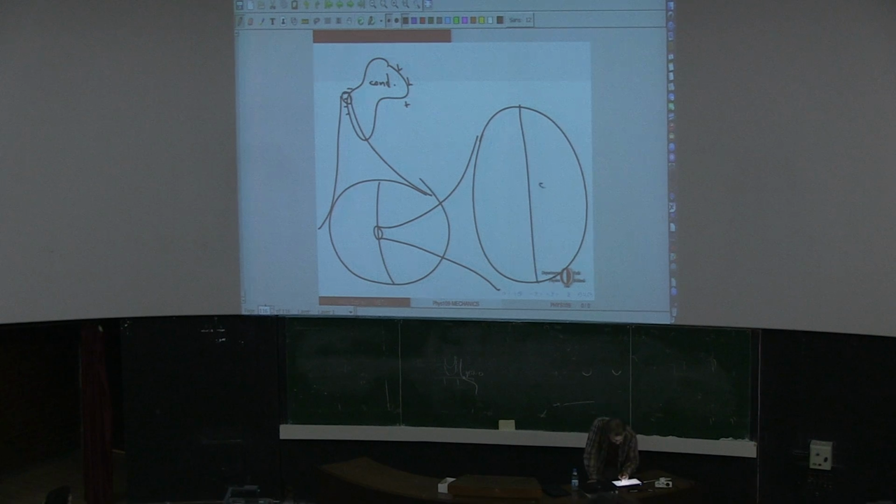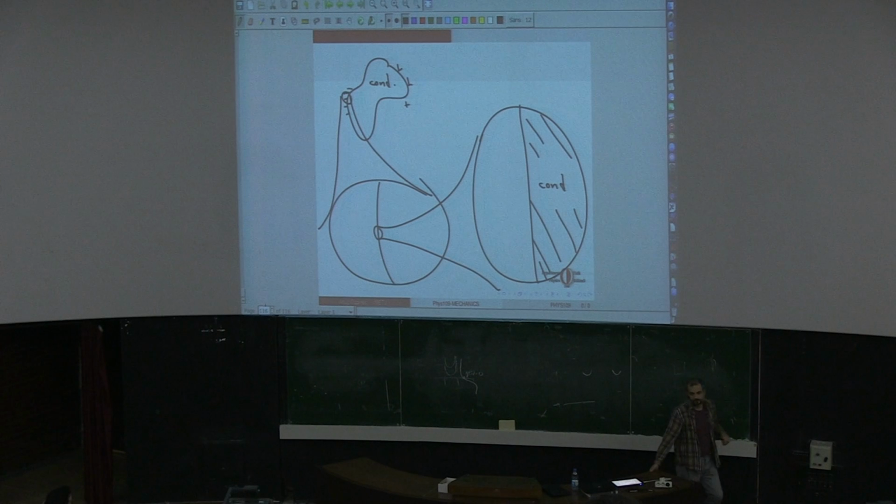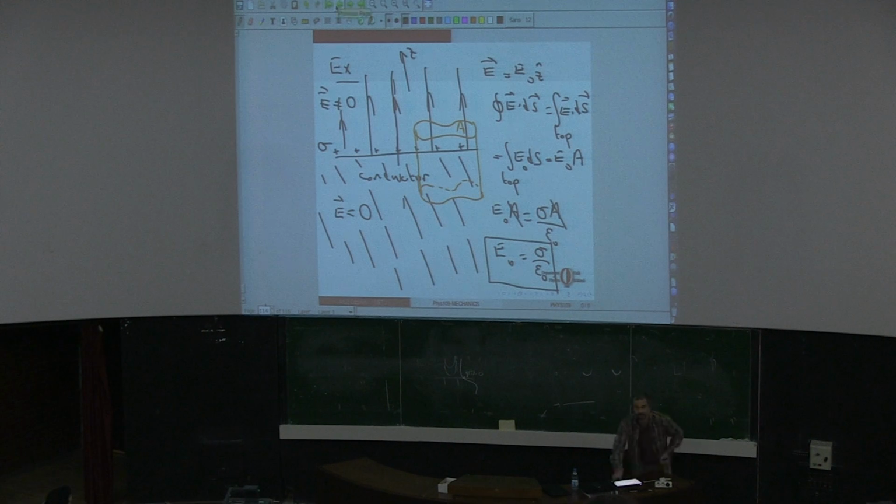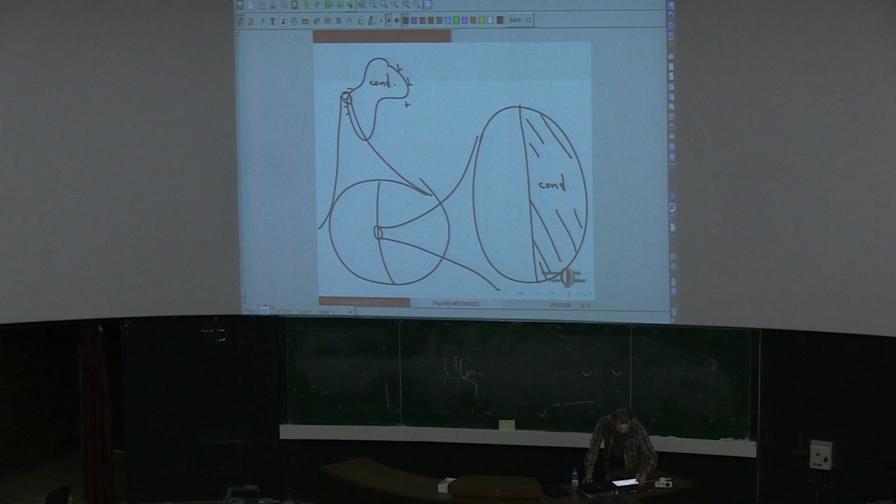Here we have the conductor. Now, this looks quite similar, no? It is the same problem as this one. On the surface, the electric field line should be perpendicular.